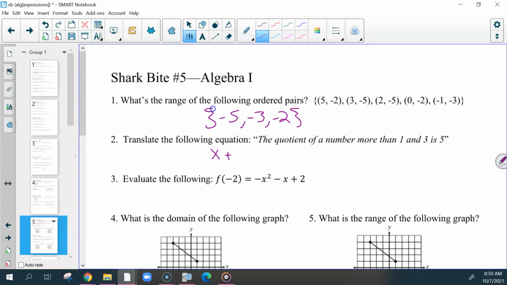But what was the rest of that? Greater than over 3 equals 5. The way you can tell which one to use is that this one has the word "is," so it has equals, and we can't have equals and an inequality in the same thing.